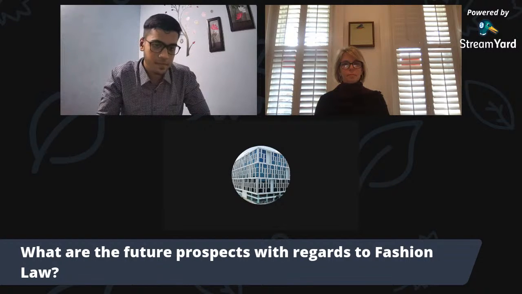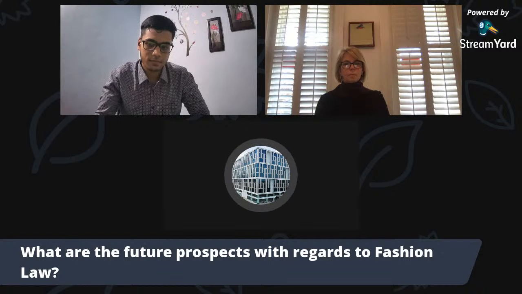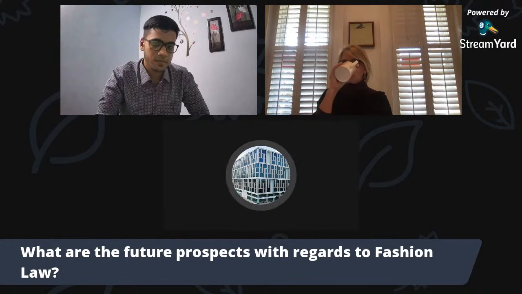Yeah, I believe that this is the age of technology and artificial intelligence, and definitely I see this as one of the very promising areas as we go forward. Because apart from just understanding intellectual property, I think fashion law would also have elements relating to competition law and commercial law, and also cyber law for that matter.